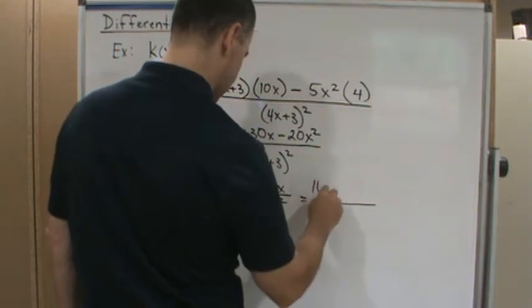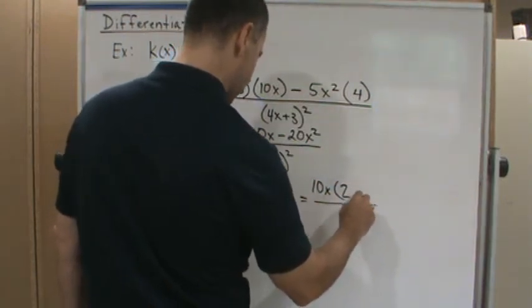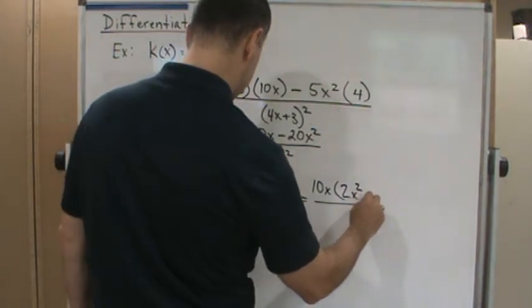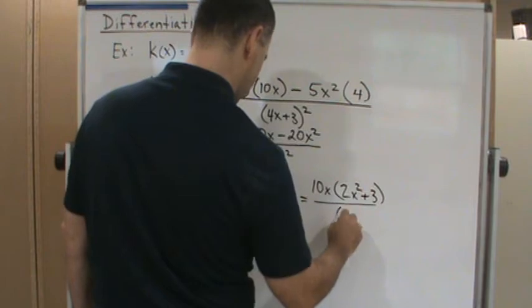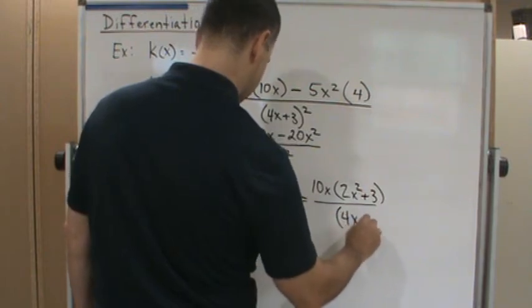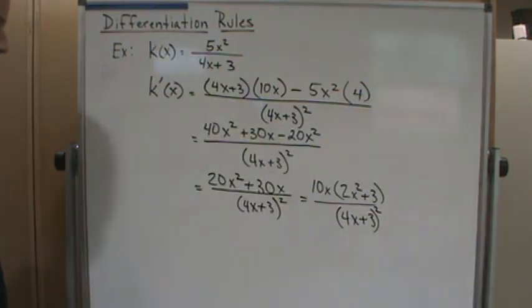So we get 10x times 2x squared plus 3 over 4x plus 3 quantity squared. And I believe that's it. We can't simplify it any further.